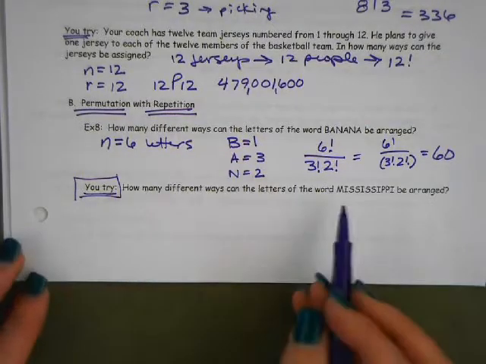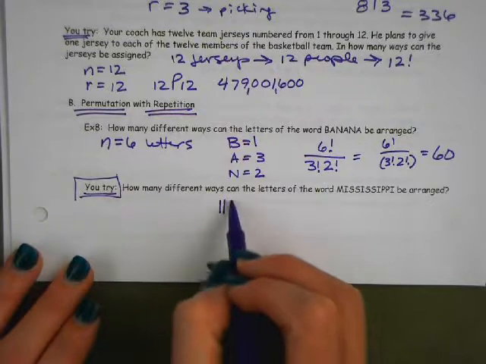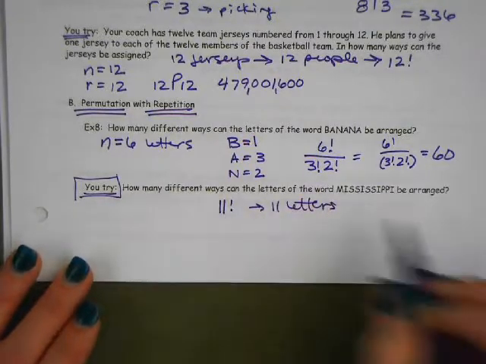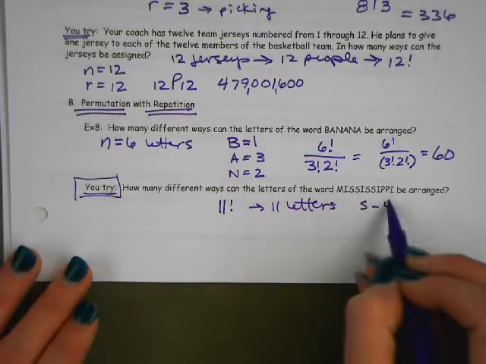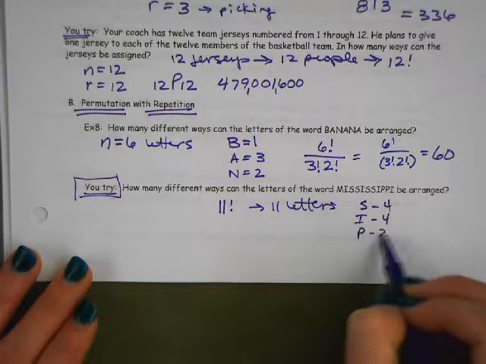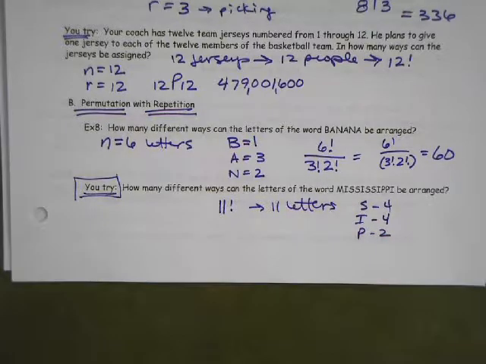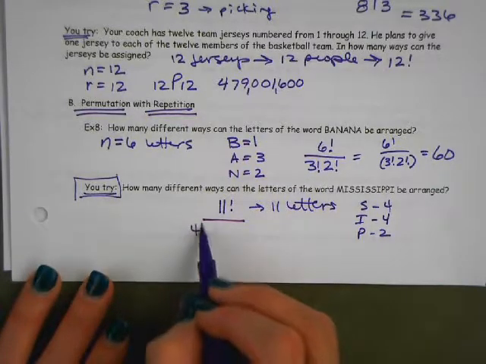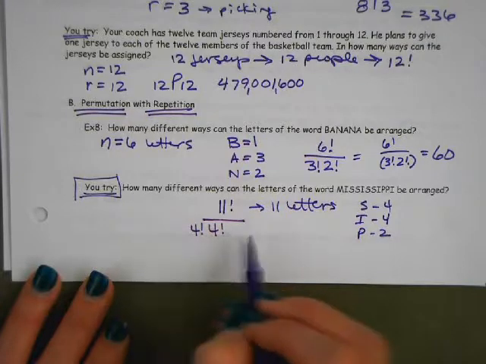So we're going to go into where we have 11 factorial because we have 11 letters. But we have multiple S's. We have 4 S's, we have 4 I's, and we have 2 P's. So the system can't decide between one S and the other S. It's all the same to them. So what you do then is you put the 11 factorial over the 4 factorial, all over the repetition.